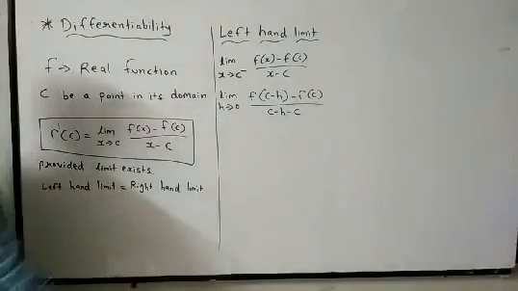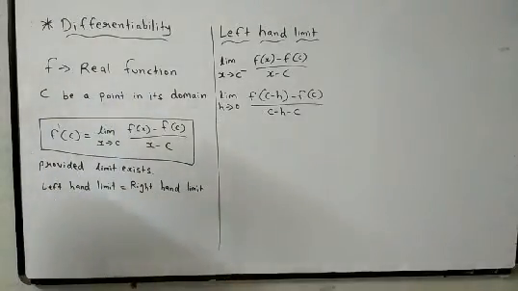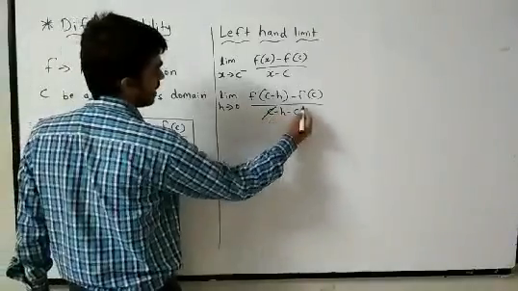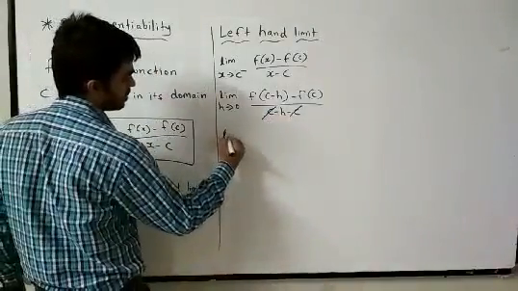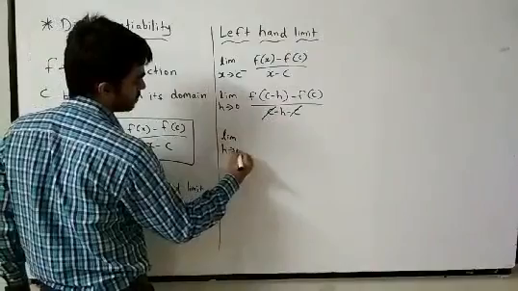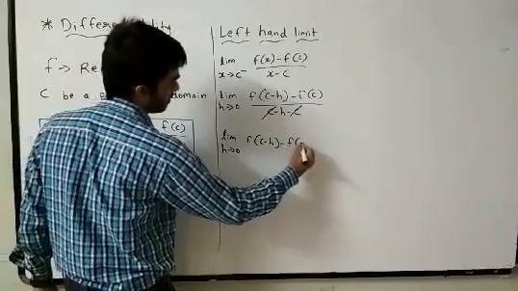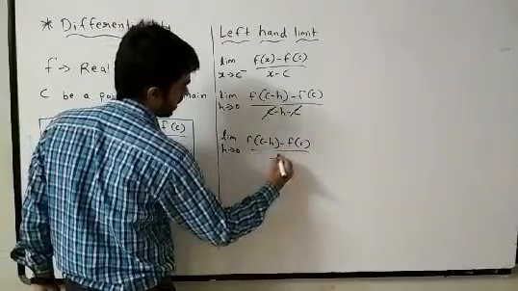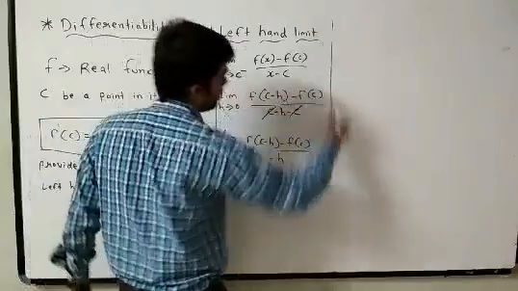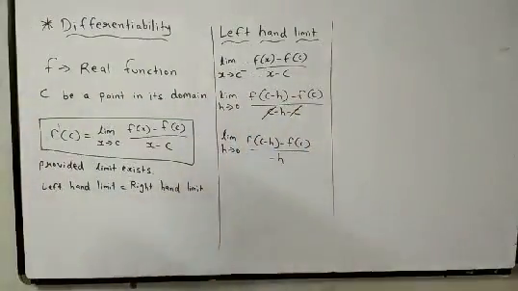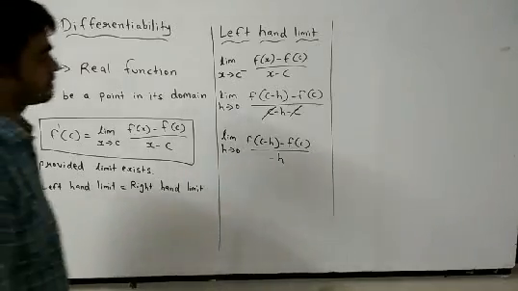Right now, here you know that this c will be getting cancelled with this c. So limit h tends to 0, f of c minus h minus f of c by minus h. This will be your left hand limit. This limit will be your left hand limit. Clear?